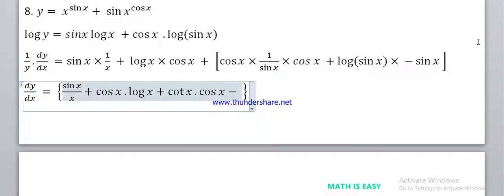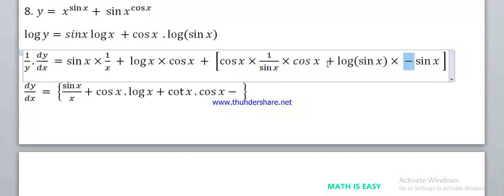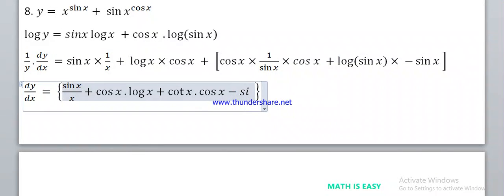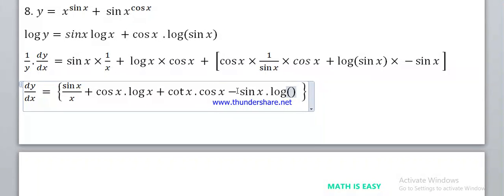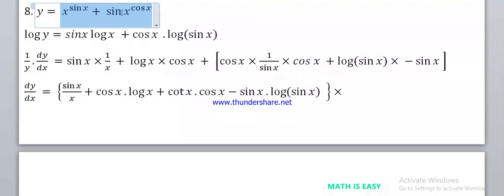Then minus, because this is a minus sign here and a plus sign here, so minus into plus is minus, sin x into log sin x. Now here, the denominator y is there, so it will come as a multiplication by y. What we assumed as y, this entire thing we assumed as y.